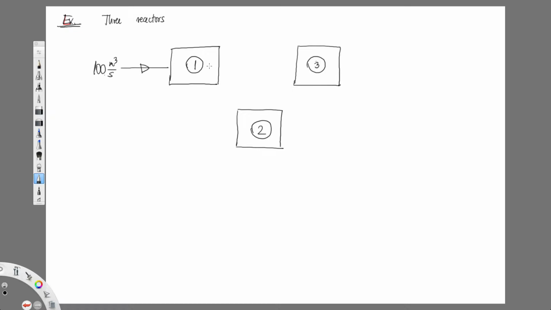And then some of the flux from reactor 1 goes into reactor 3. I'm going to call that Q13. I don't know what it is, I'm going to be looking for it. And the other part goes into reactor number 2. I'm going to call that Q12.